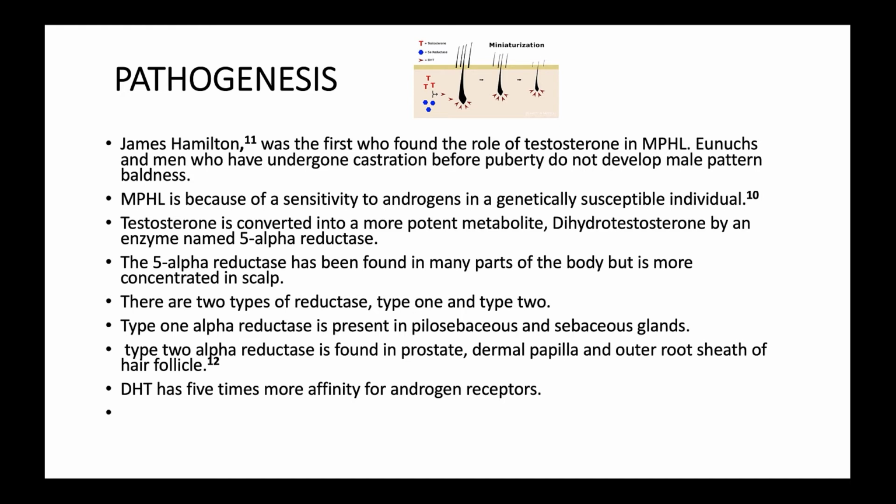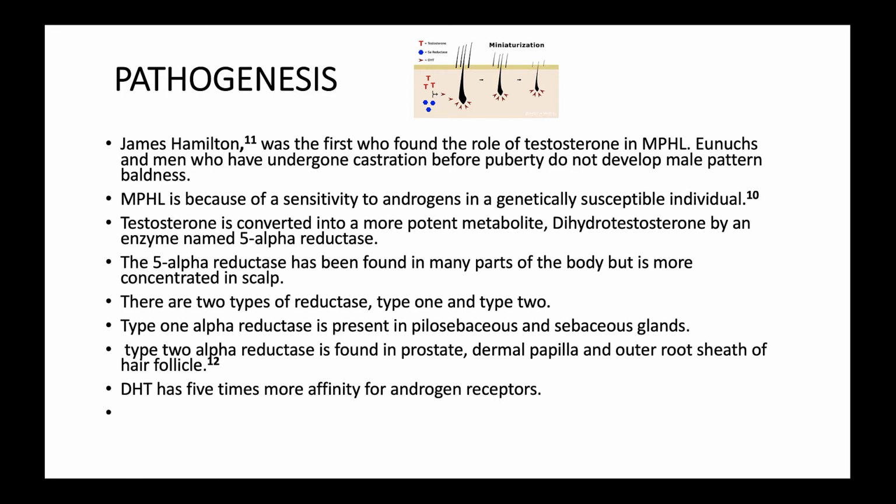Testosterone is mainly responsible. Testosterone gets converted into a very potent metabolite, dihydrotestosterone, by an enzyme called 5-alpha reductase. 5-alpha reductase has been found in various parts of the body, and there are two types: type 1 and type 2. Type 1 is found in the pilosebaceous and sebaceous glands, while type 2 is found in the prostate, dermal papillae, and outer root sheath of the hair follicle.